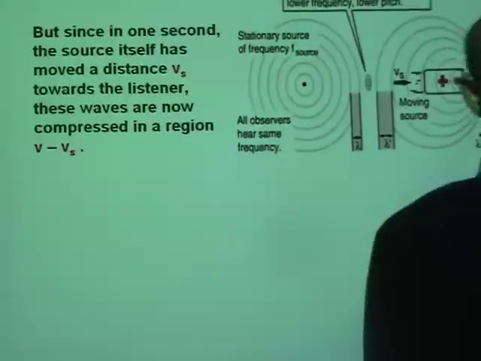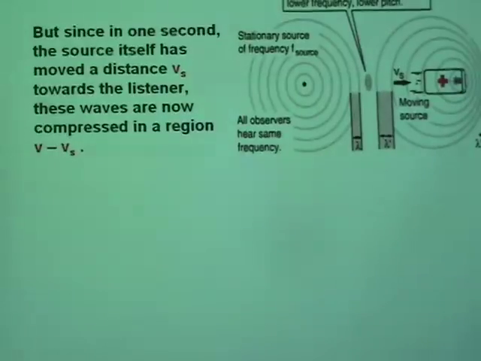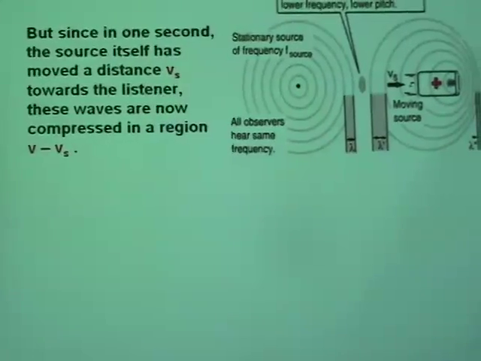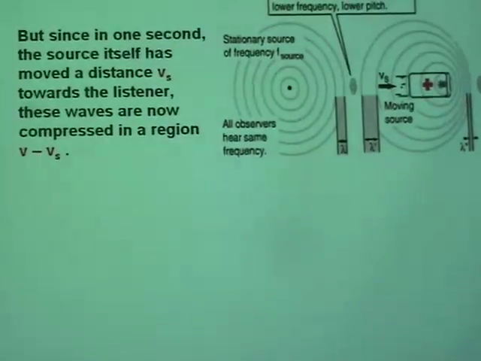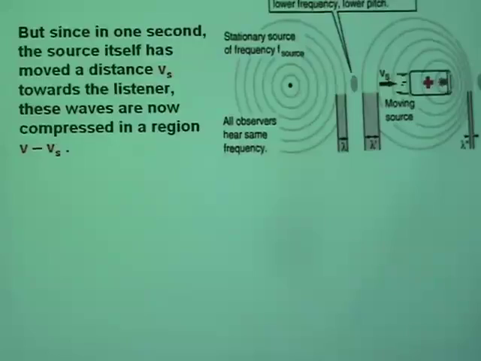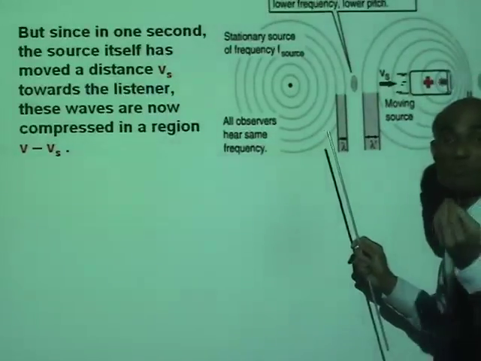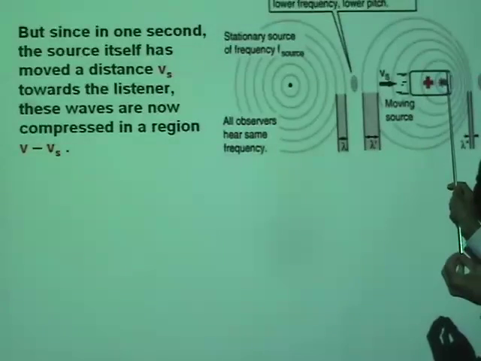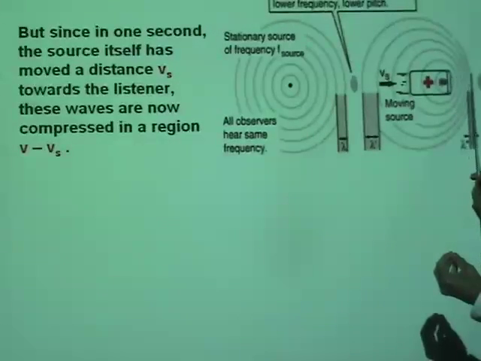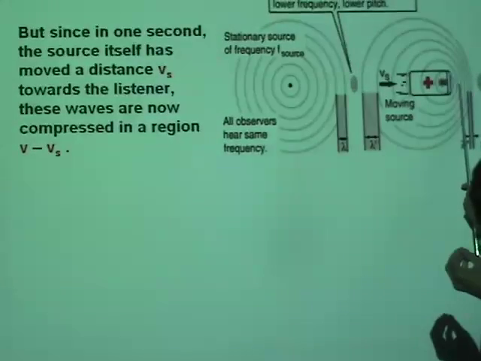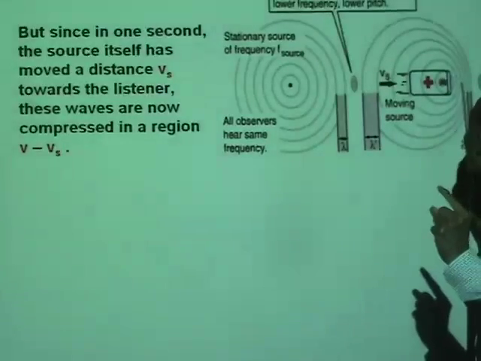Well, that is a very important statement, and I want you to understand that very well. All right. Now, suppose we said V is the speed of sound. That means in 1 second, all the waves produced in 1 second.